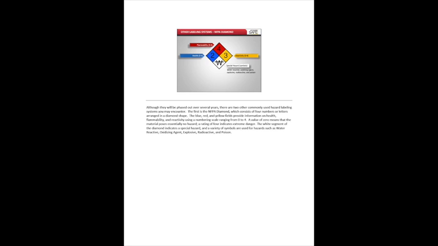A value of 0 means that the material poses essentially no hazard. A rating of 4 indicates extreme danger. The white segment of the diamond indicates a special hazard, and a variety of symbols are used for hazards such as water, reactive, oxidizing agent, explosive, radioactive, and poison. Next slide.